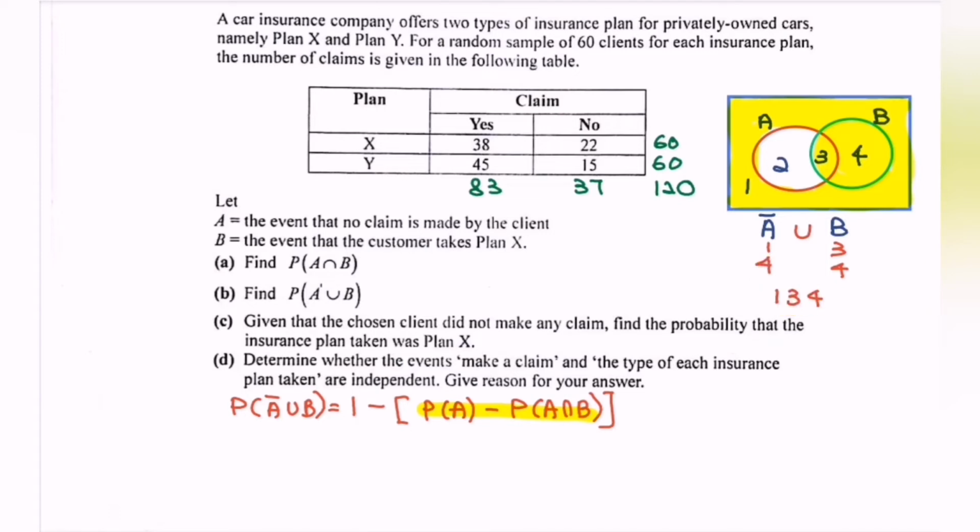So kindly substitute: 1 minus, for A, no claim, 37 over 120, minus A intersect B, which refers to question A, 22 over 120. So 37 minus 22 gives 15 over 120. So here we will have 1 minus 15 over 120. 15 over 120 equals 1 over 8. So 1 minus 1 over 8, we will have the answer 7 over 8 for question B.